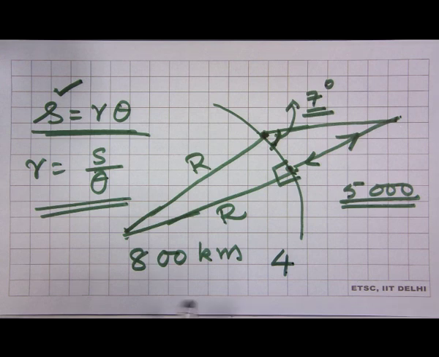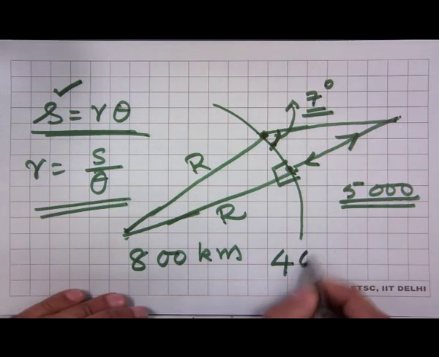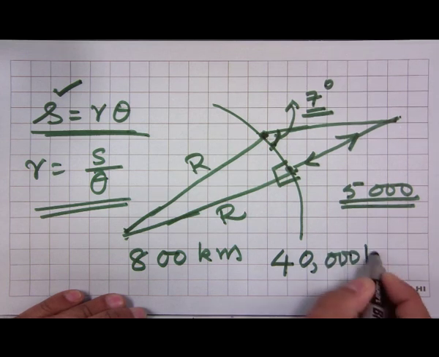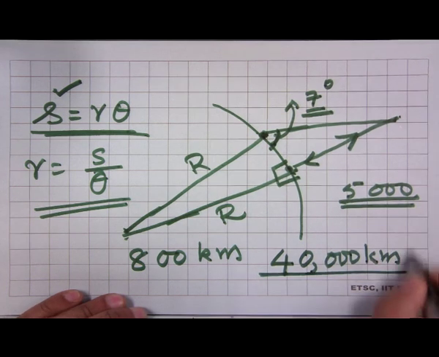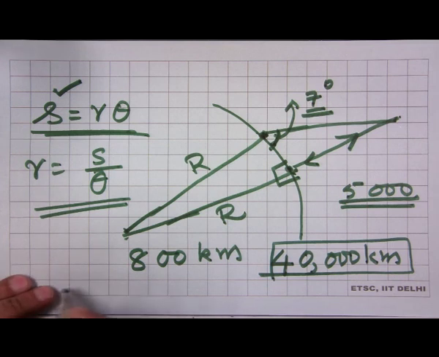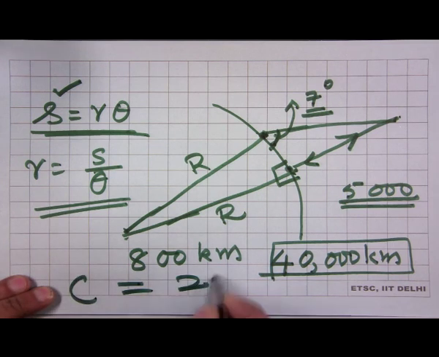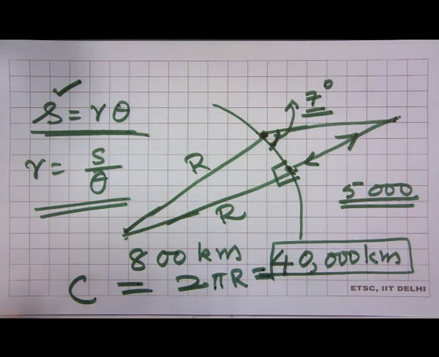He estimated the circumference, multiplied by 2 pi r, you get 40,000 kilometers. So circumference equal to 2 pi r is equal to 40,000 kilometers is what you are going to get.